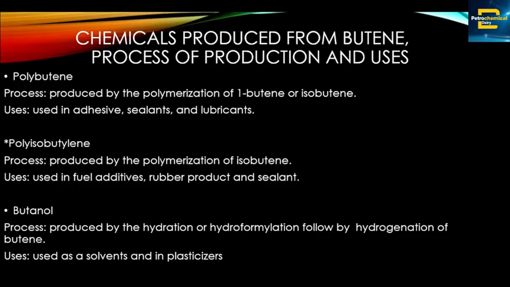The reaction is also known as the oxo process reaction. So butanol is produced by hydration, then hydroformylation, which is the addition of a formyl group and hydrogen atom to olefins, followed by hydrogenation of butene. The use of butadiene is as a solvent and in plastics.